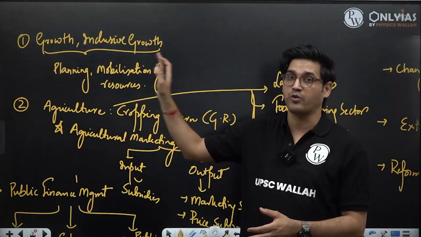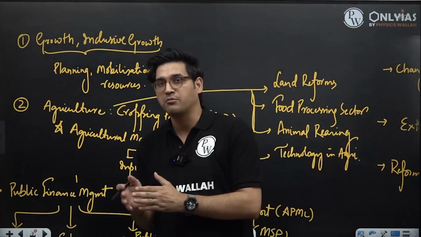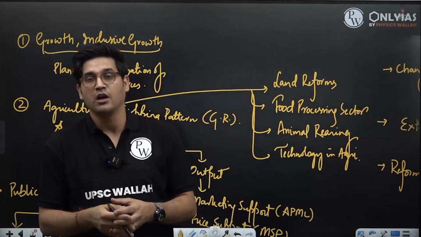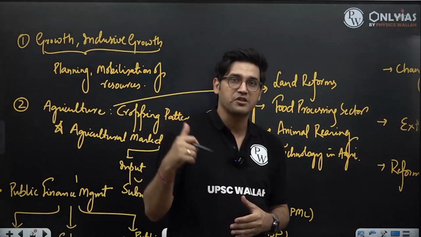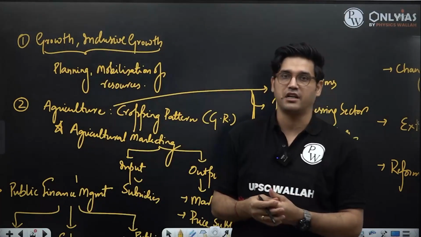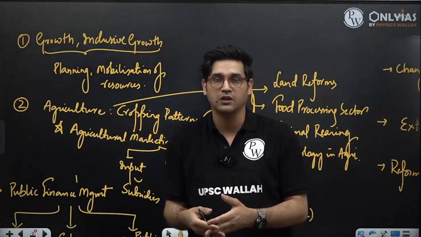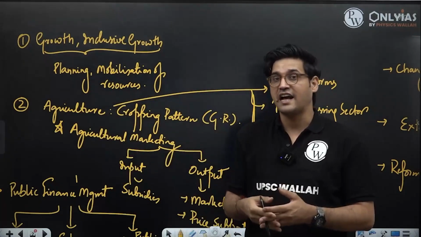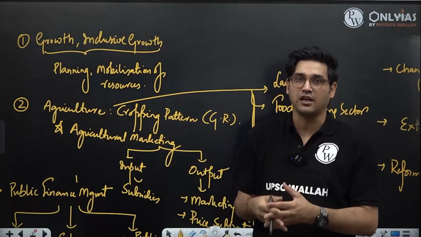Then there will be straight up questions from planning process, how we have moved away from the planning process, what is this Niti Aayog, what does Niti Aayog do, how does this economy mobilize various resources in pursuit of its economic objectives. Not just that, we will also have to discuss what do you mean by inclusive growth, what does India have to do to make sure that our growth is inclusive of many stakeholders in the country.